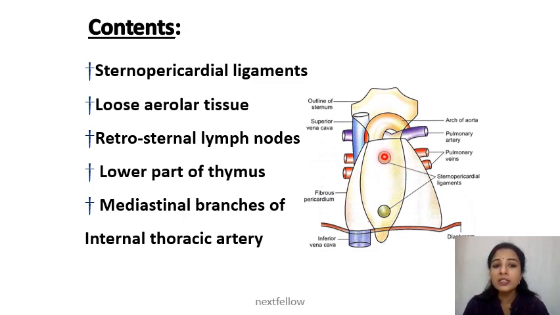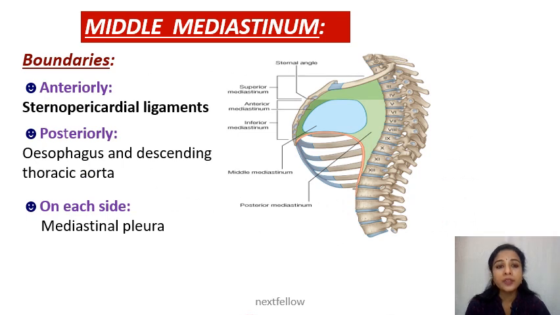The structures are the superior and inferior sternopericardial ligaments, and it mainly contains some loose areolar tissue, lymph nodes, and the lower part of the thymus. I said the thymus is majorly present in the superior mediastinum, partly in the anterior part of the inferior mediastinum. Some mediastinal branches of the internal thoracic artery are also contents.